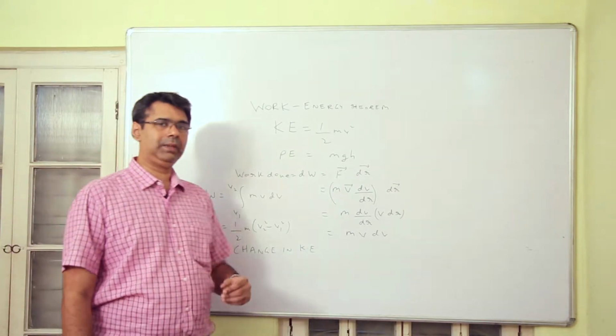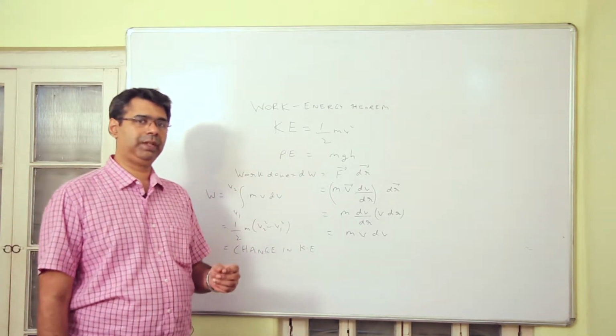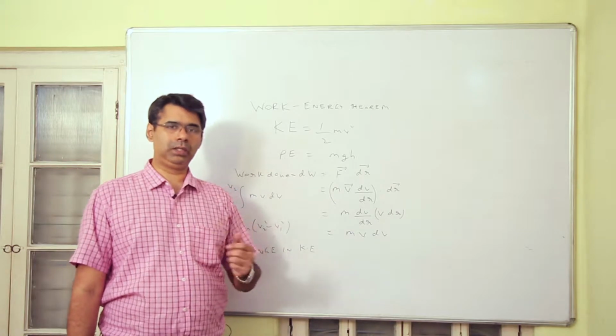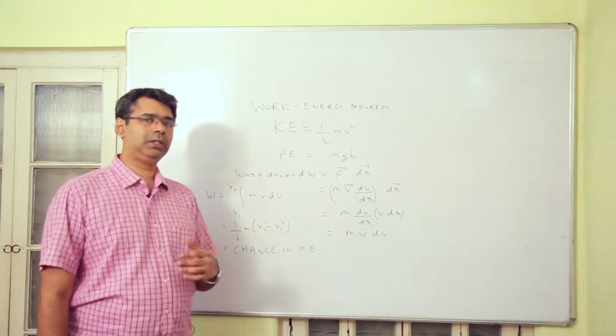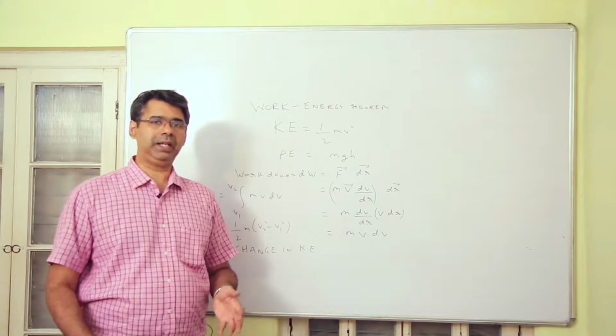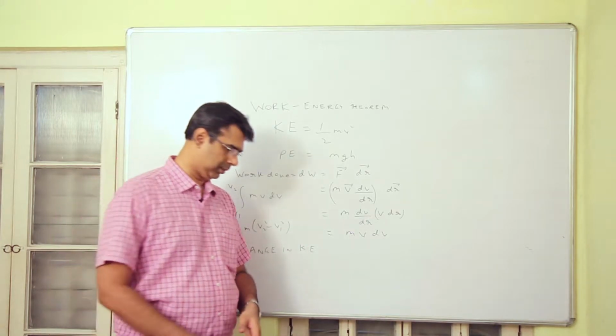Now in the statement of the theorem, we have used a phrase total work done by all the forces. So it is very important to understand what are the different types of forces that can act on a system.